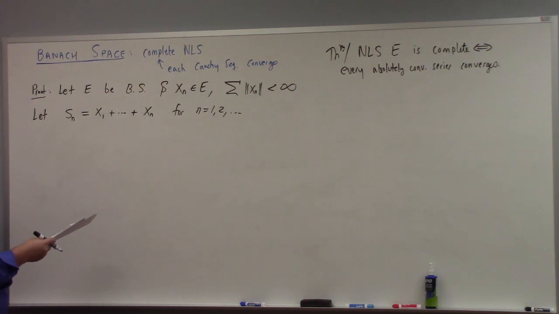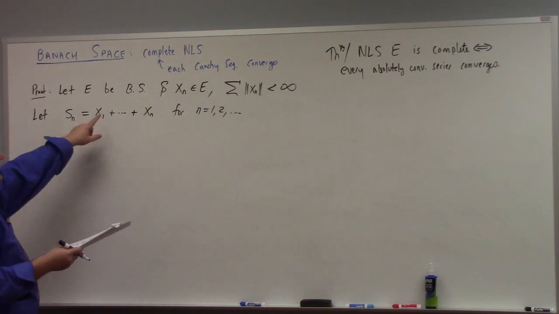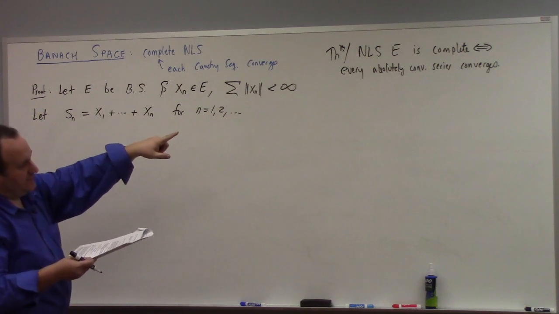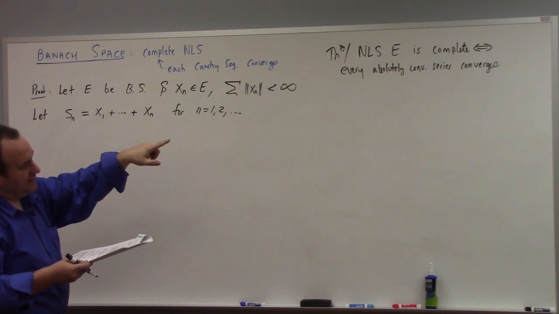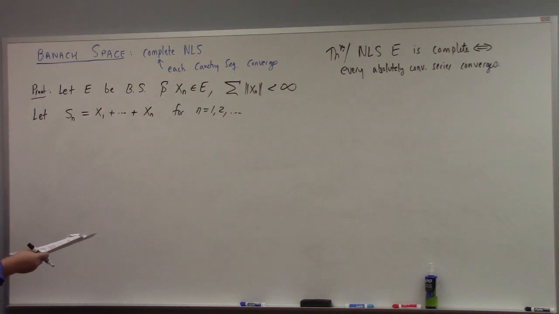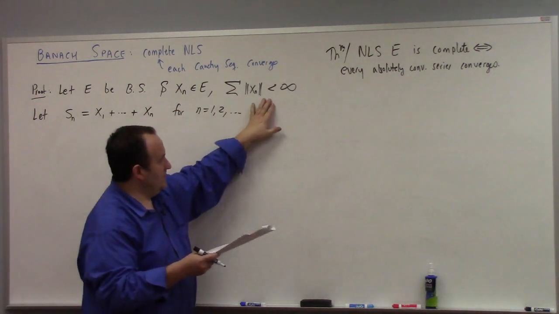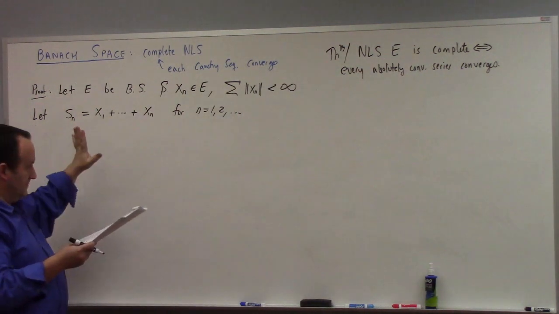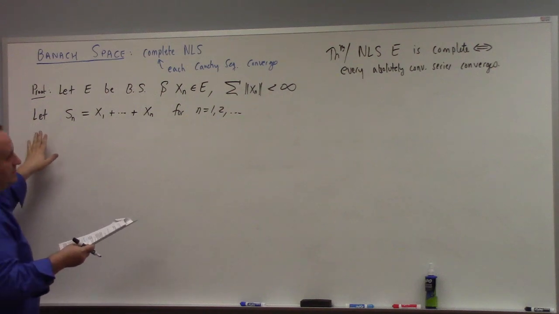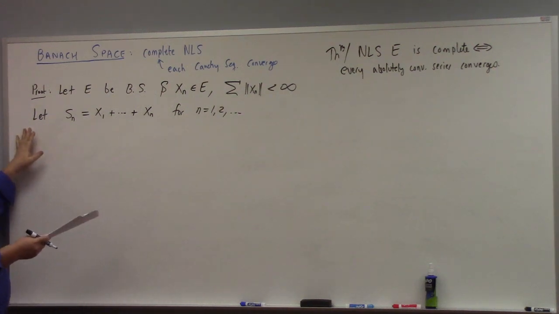So, where was I? Banach space means it's a normed linear space which is complete. We're now trying to prove every absolutely convergent series converges. So we've assumed our absolute convergence. Now we're trying to show that it converges.